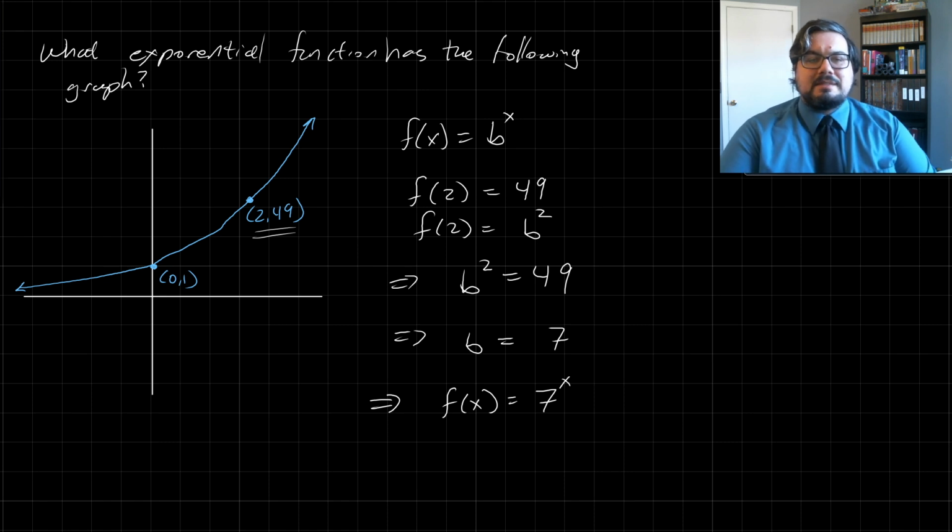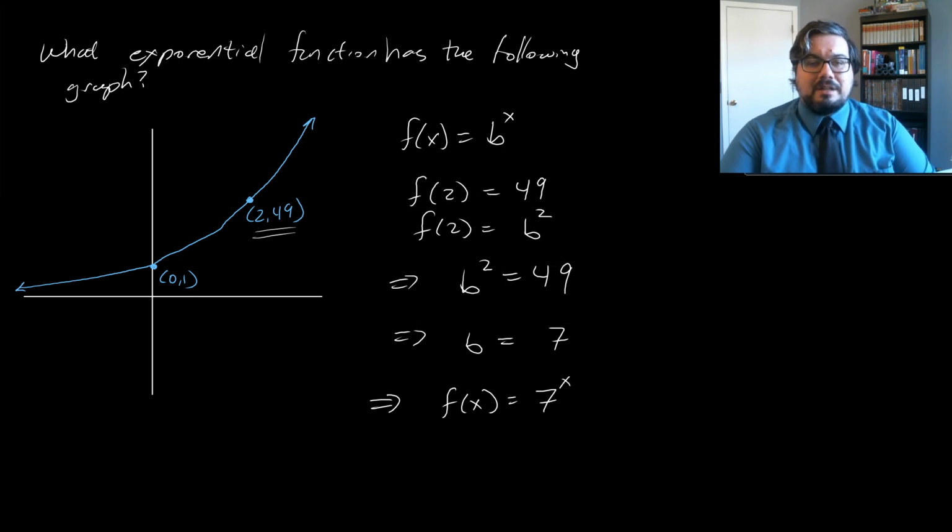One of the places that you may encounter exponential functions most frequently is in the context of compound interest. When you deposit money in an account that provides interest, such as a savings account, then every certain amount of time you get an interest payment.